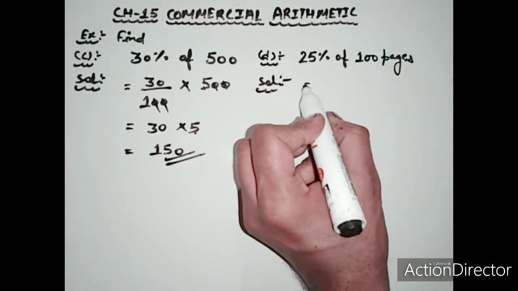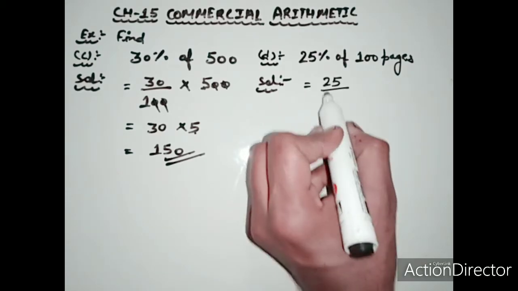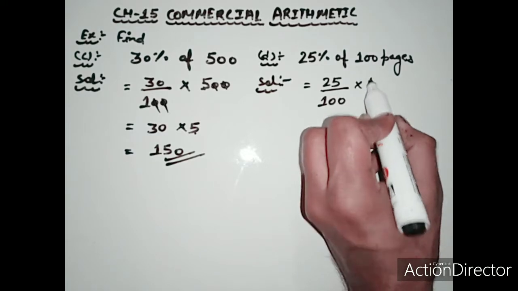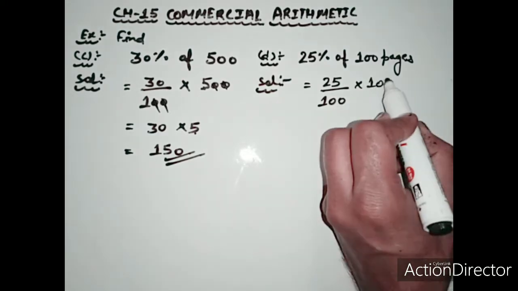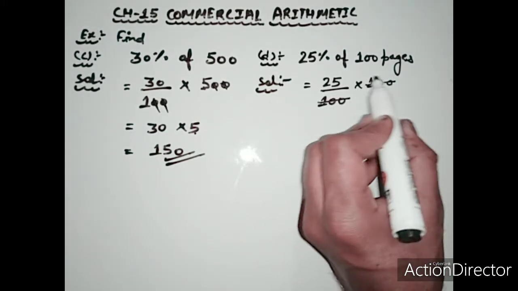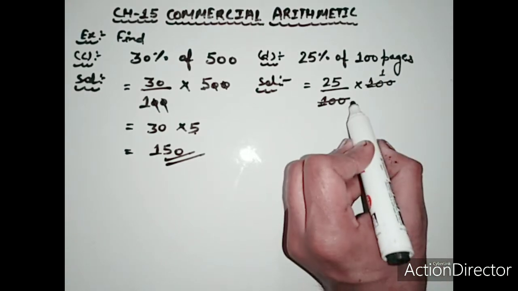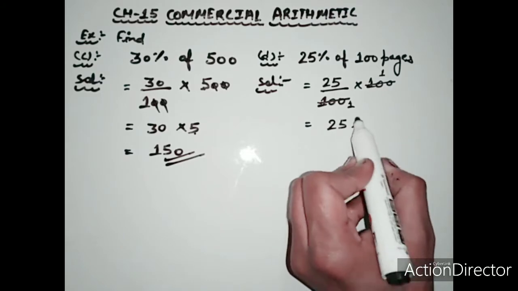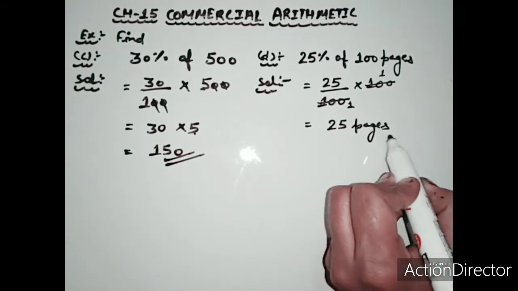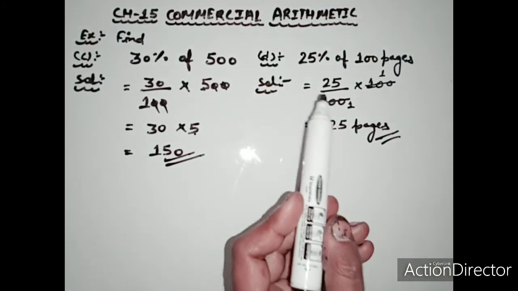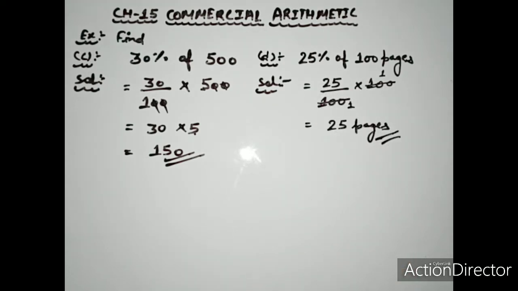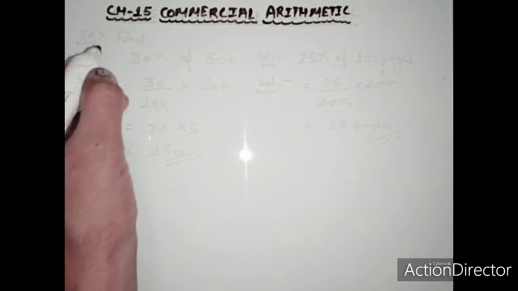So first we write 25% in fraction form, 25 upon 100, and after that multiply by 100. So here 100 cancel out by 100, or we say that 100 ones are 100 and 100 ones are 100. So here we get 25 pages. So here 25% of 100 pages is 25 pages. Now the next example.